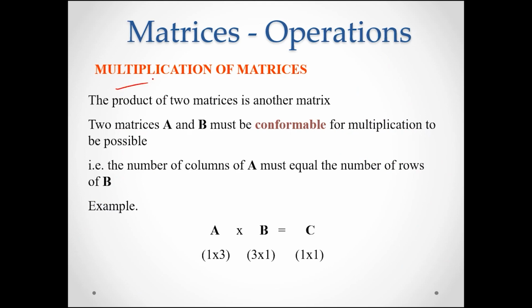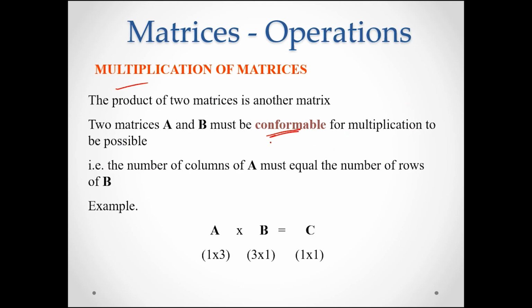So, next comes the multiplication of matrices. Multiplication of matrices means the product of two matrices, and the product of two matrices is also going to be another matrix. Right? Then we say the two matrices are multiplicable only if they are conformable.